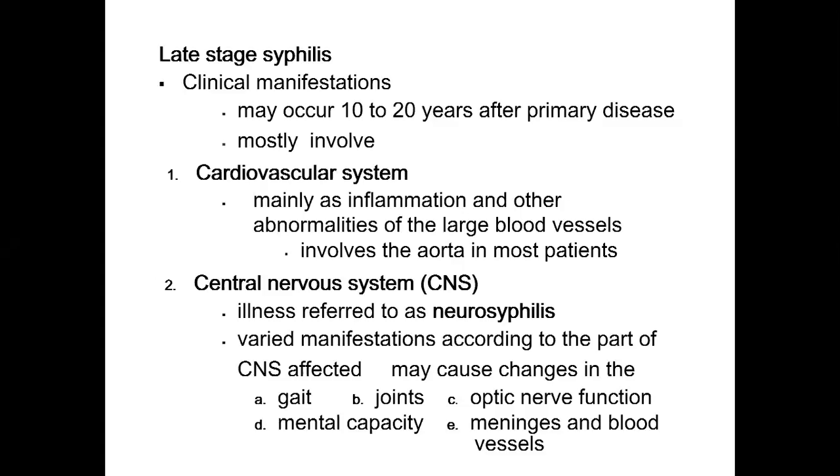So mainly as inflammation and other abnormalities of the blood vessels. It can involve the aorta most of the time, that large blood vessel called the aorta. It can weaken some parts of the wall, or it can affect the aortic valve, and the person develops aortic incompetence.